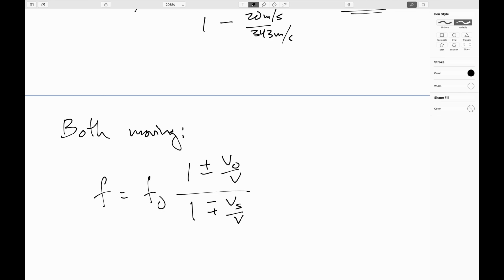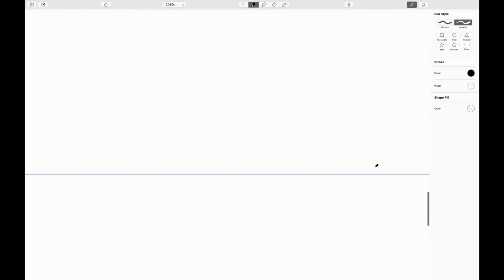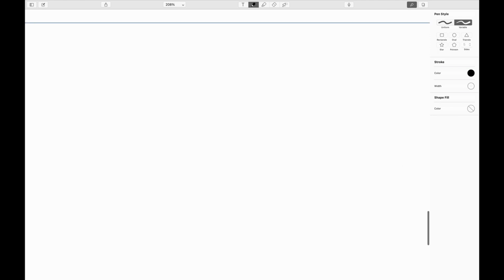Alrighty, so we'll finish this off by taking a look at what happens if you are going faster than the speed of sound. So if we have a source that is moving faster than the speed of sound, let's put my dots very far apart here, and I'm going to try to draw the same kind of circle things as before, and I hope it works out better.